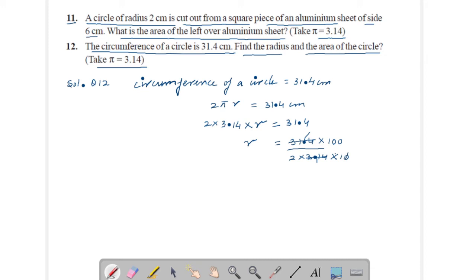Now 10 will be cancelled by 10, and 2 fives are 10. Therefore radius will be 5 centimeter. Therefore radius of circle equal to 5 centimeter.